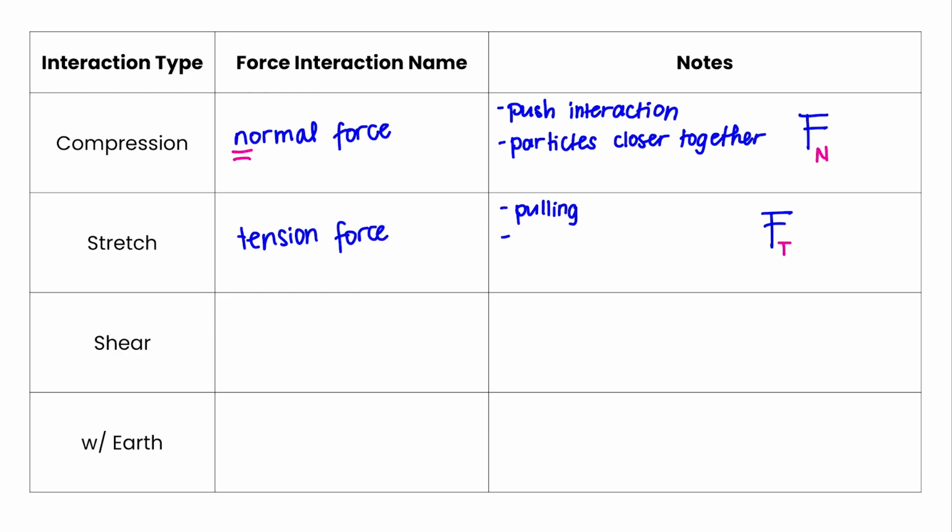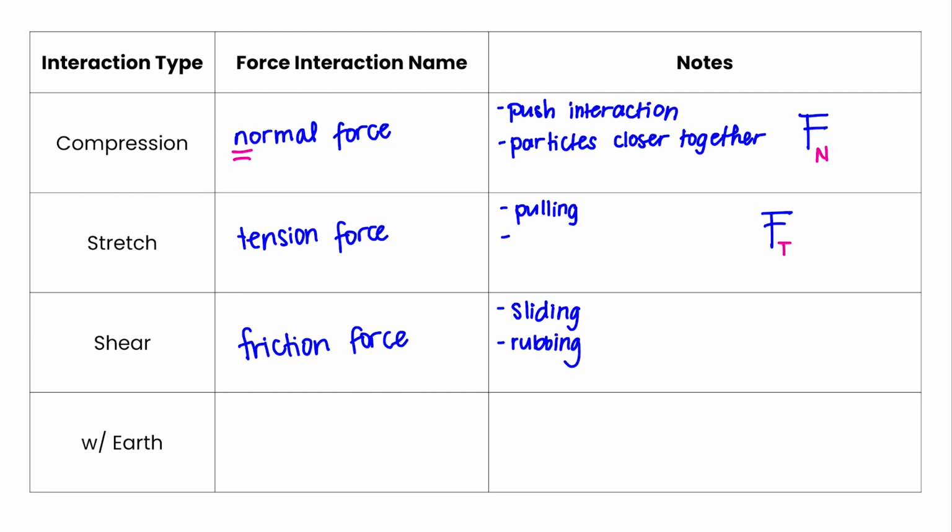All right, and now we have shear. Shearing is the sliding against each other. Okay, and so that is called a friction force. And the notes for that would be there would be like two objects that are sliding against each other, or there's a rub, right?